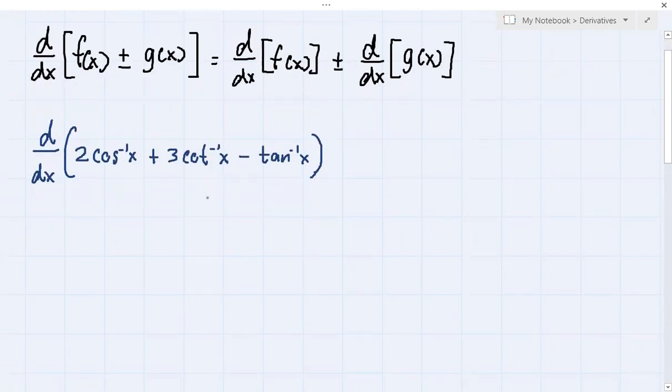So parang meron tayong tatlong inverse trigonometric functions that are separated by the addition or subtraction operation. So in here, magiging ganito na siya.